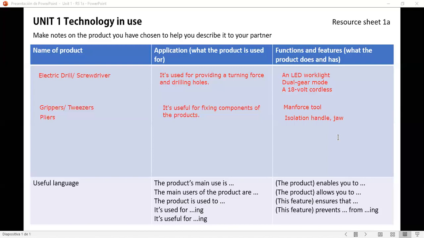It's a machine, a big machine where I can put rocks and destroy them, and give me one final product like sand, or different granulometric sizes for the rock. It's interesting. That's the kind of product.